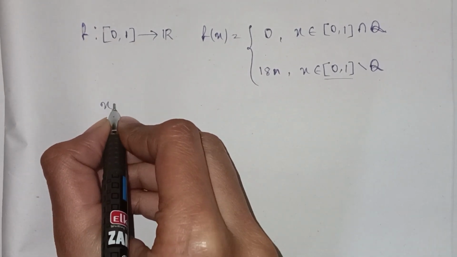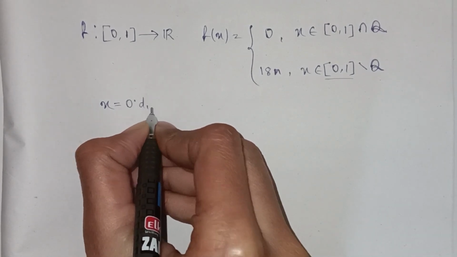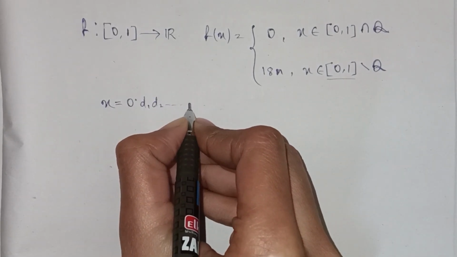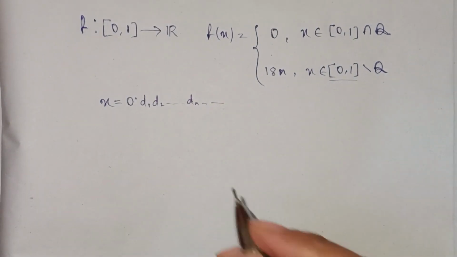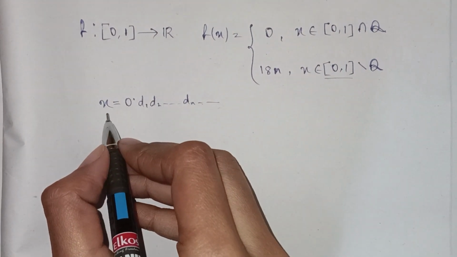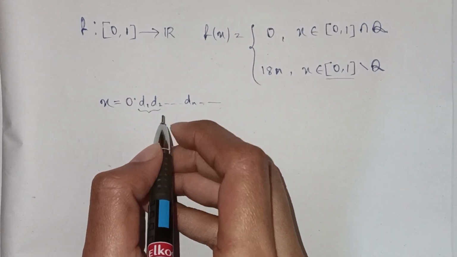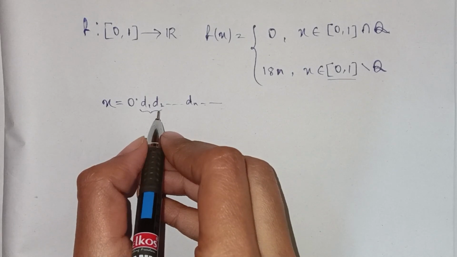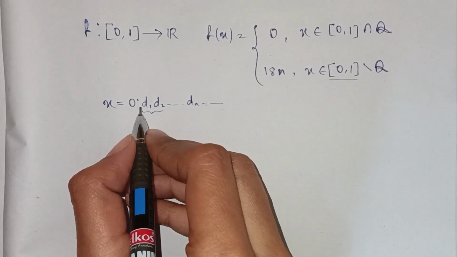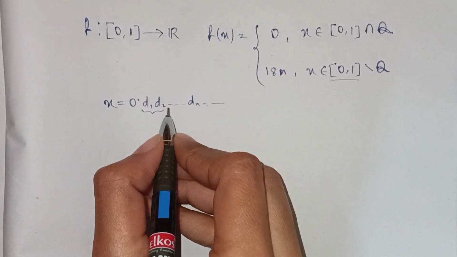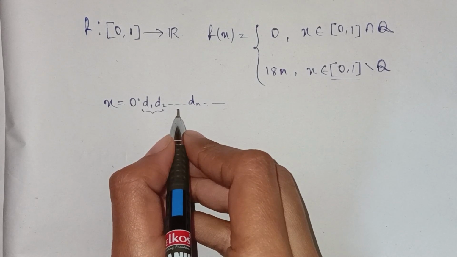let's suppose x can be written as 0.d1 d2 ... dn and so on. Here n is the number of zeros immediately after the decimal point, up to the first non-zero number.